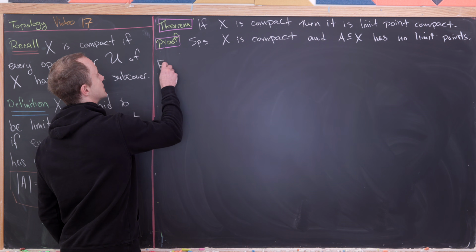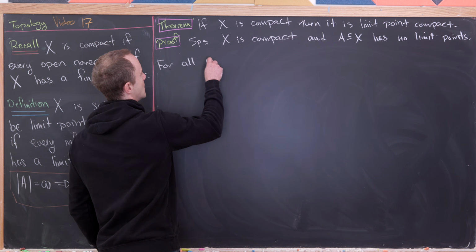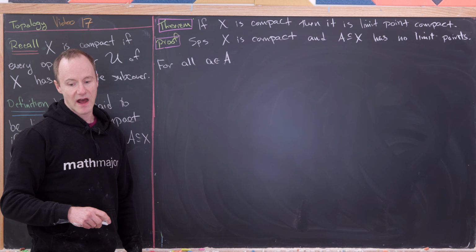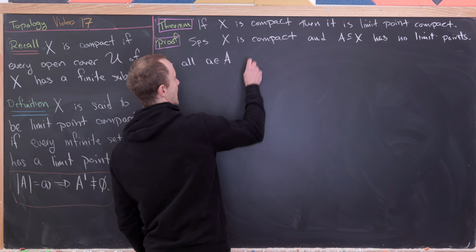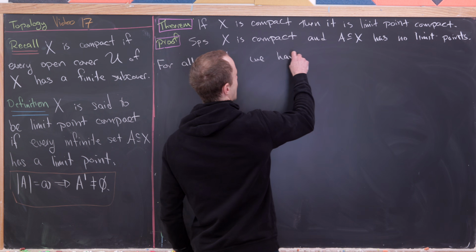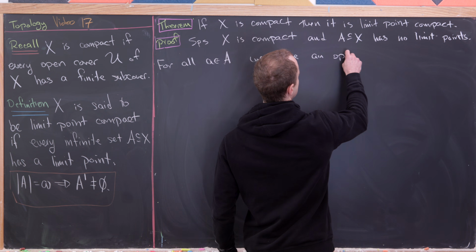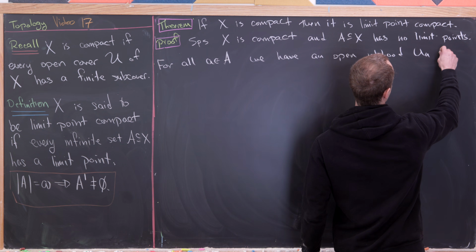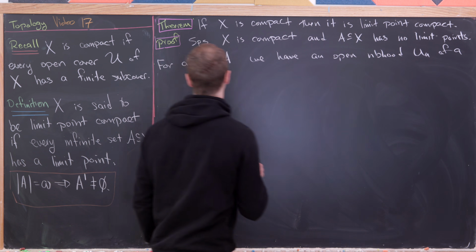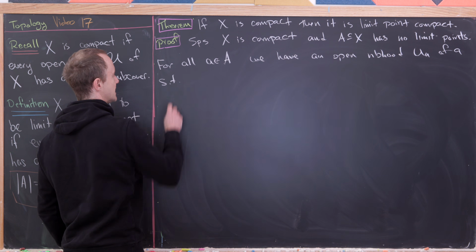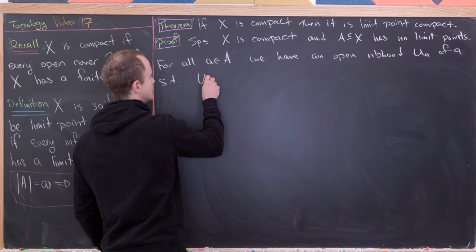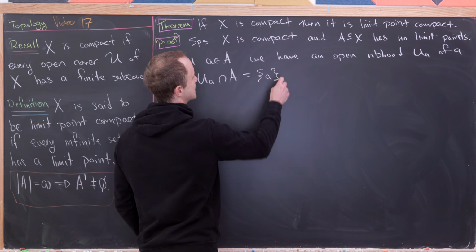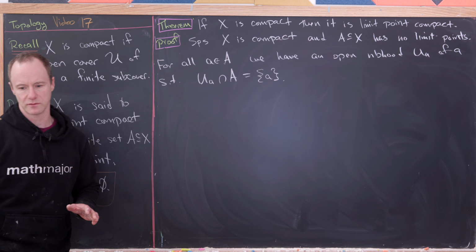Let's observe that for all points a inside of A, we can find an open neighborhood U sub a of a such that the following is true. U sub a intersected with A is just the singleton a. And why is this true?